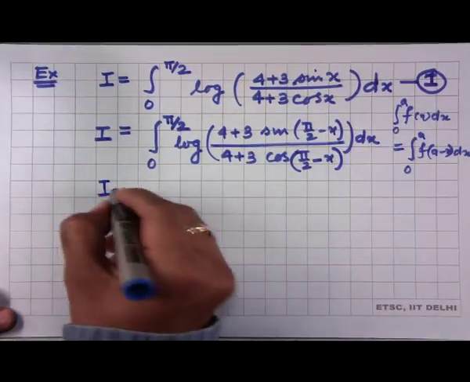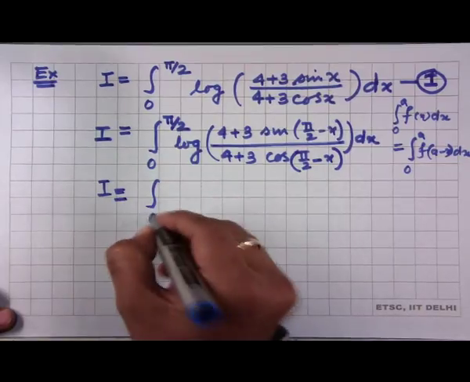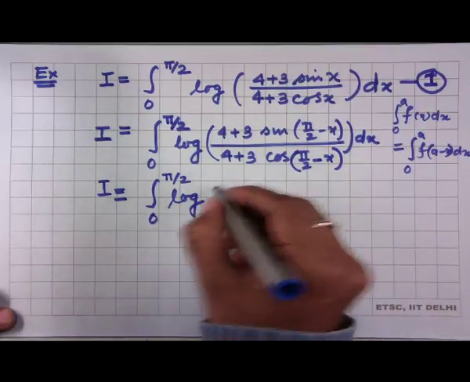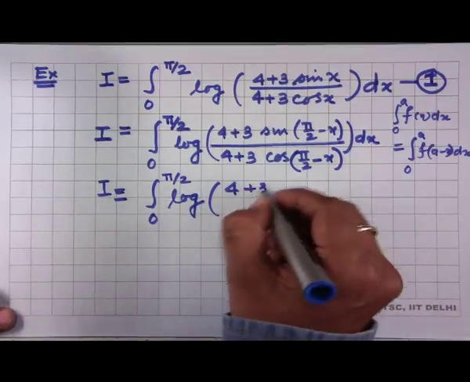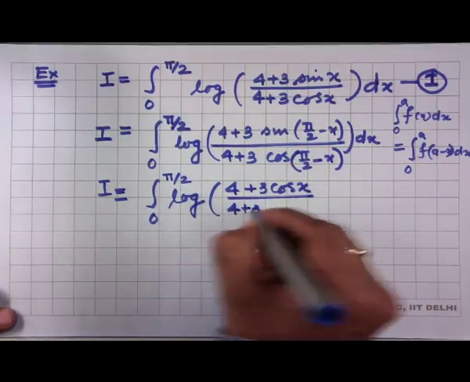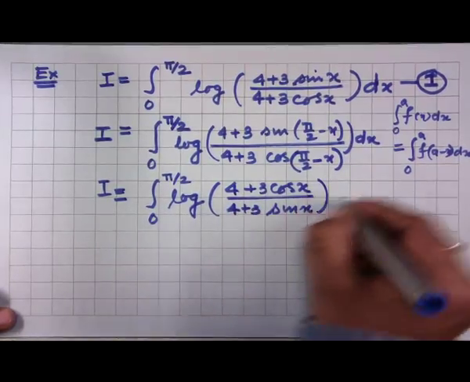So I will be therefore equal to log of 4 plus 3 cos x by 4 plus 3 sin x dx.